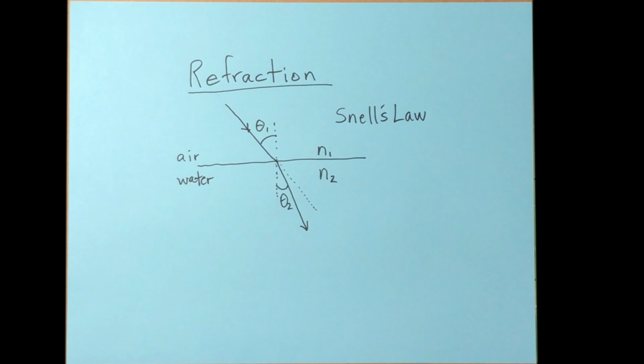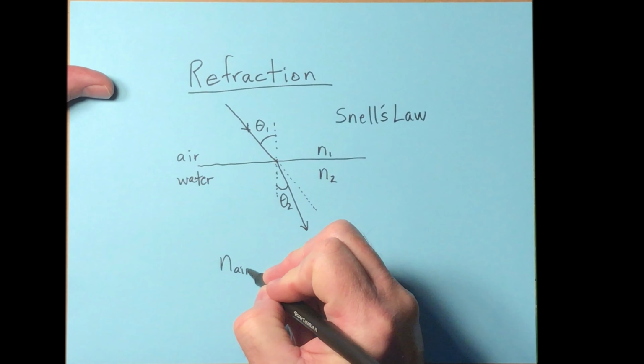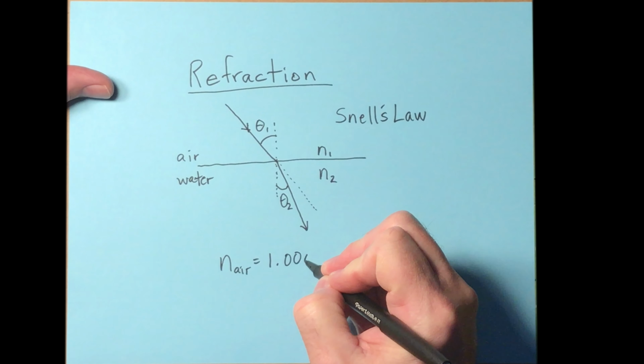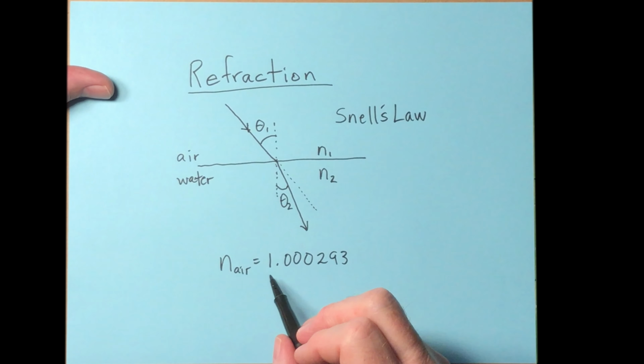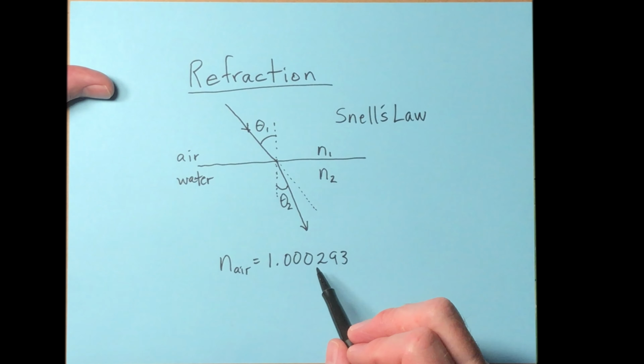It turns out that N for air is real close to 1. So N for air is equal to 1.000293. So that's real close to 1. In fact, it is 1 out to 3 decimal places.